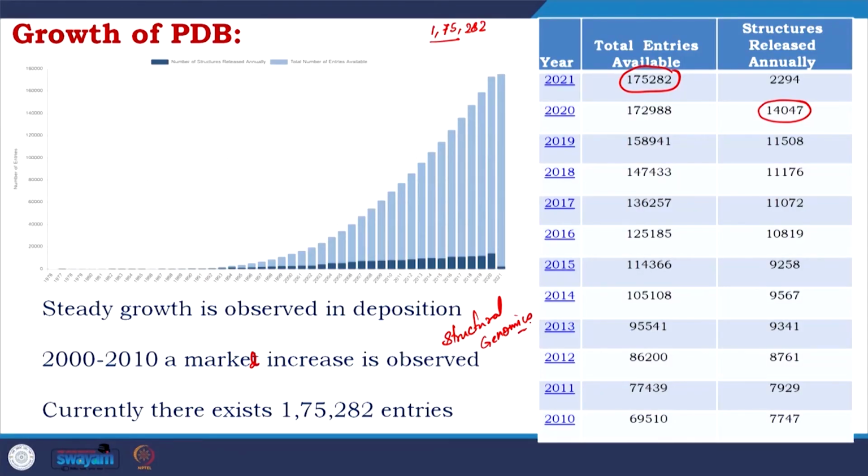They have delivered a lot of structures, but they could not live up to the expectation which next generation sequencing has provided us. So, gradually the projects are being closed. Currently, there exist 1,75,282 entries.